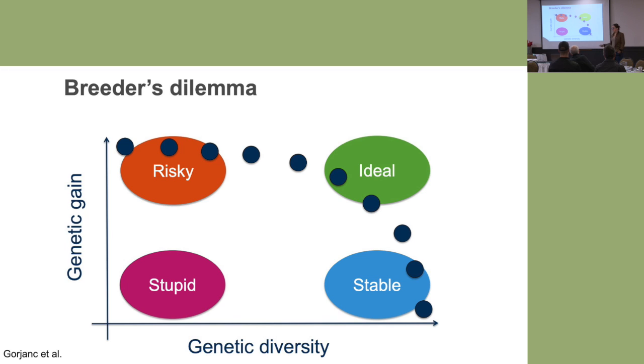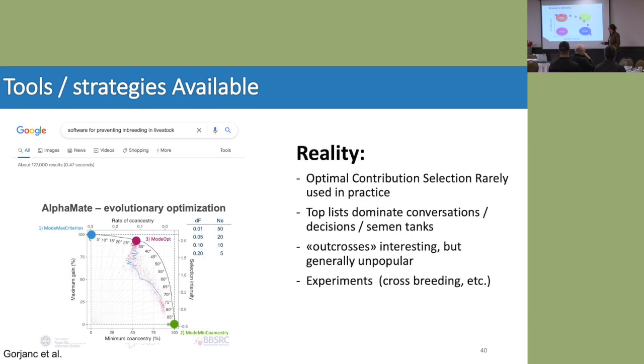Some people might say that's stupid too, but actually that's stable, right? You're not going to make fantastic leaps and bounds, but you're going to be just chugging along all the time. Ideal is here, where you've got lots of genetic gain and you can keep as much genetic diversity as possible. That's the golden ticket right there.